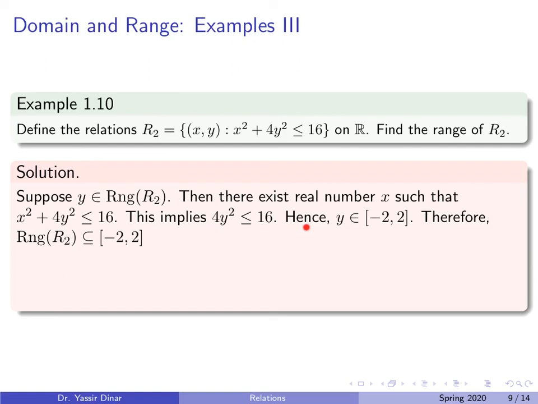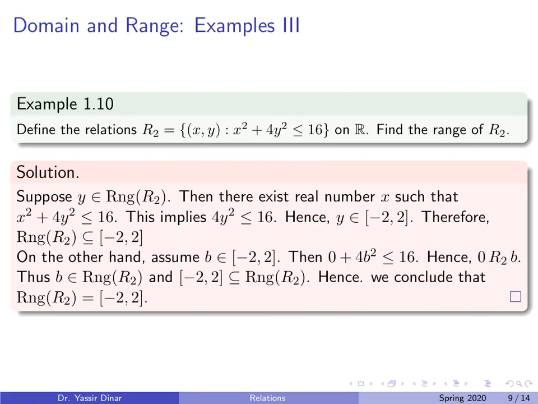It implies that y is in the interval from -2 to 2. That means if you take any element in the range, then this element is in the interval from -2 to 2. And then the question is: is the other inclusion also satisfied? If I take an element in this interval, will it be in the range of this relation or not?